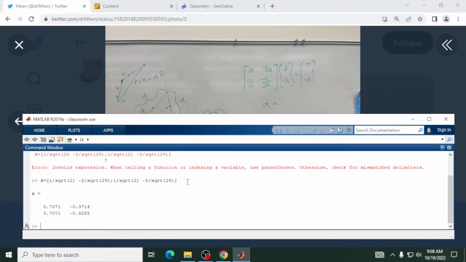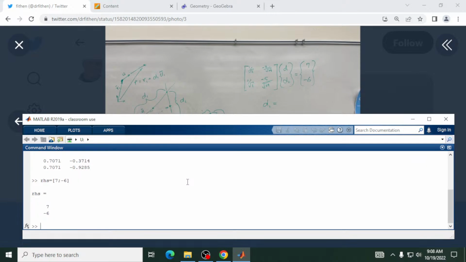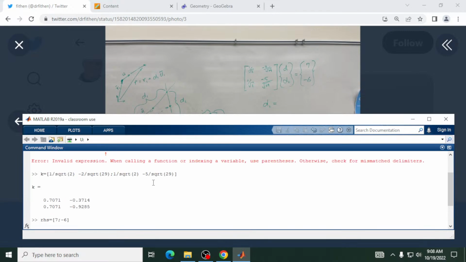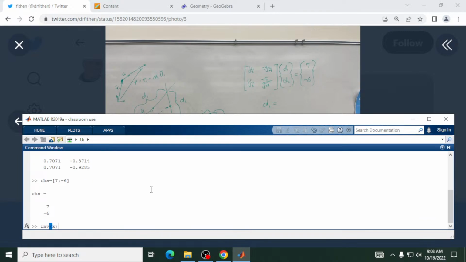Okay. So there's the matrix. Then the right hand side is 7, 7 and minus 6. So inverse of K, I hope, K times the right hand side gives me, I get different answers.